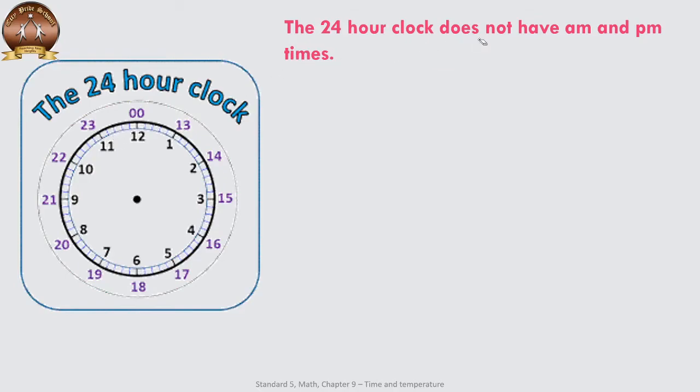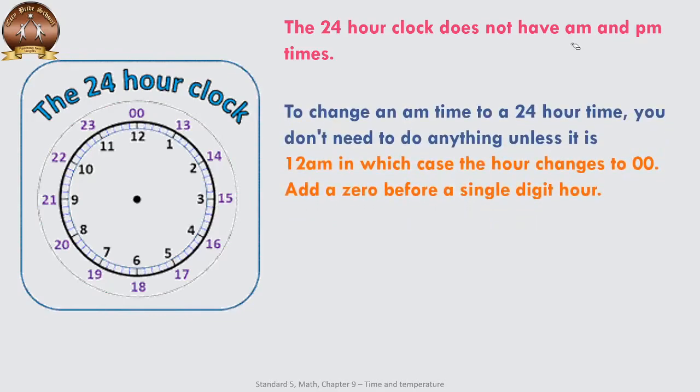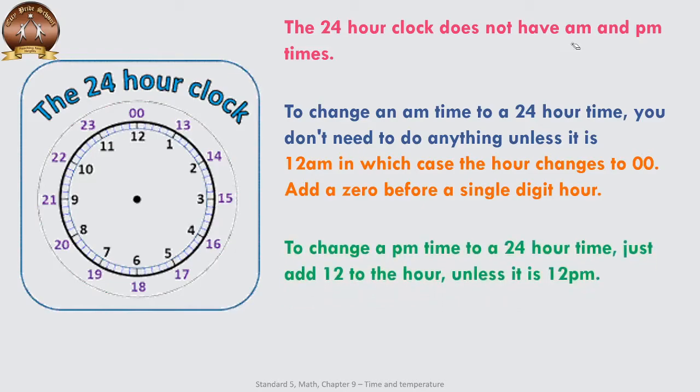The 24-hour clock does not have AM and PM times. To change an AM time to 24-hour time, you just need to write a 0 before the single digit hour, and 12 AM changes to 00. But for PM, to get the 24-hour time, you have to add 12 to the hour.